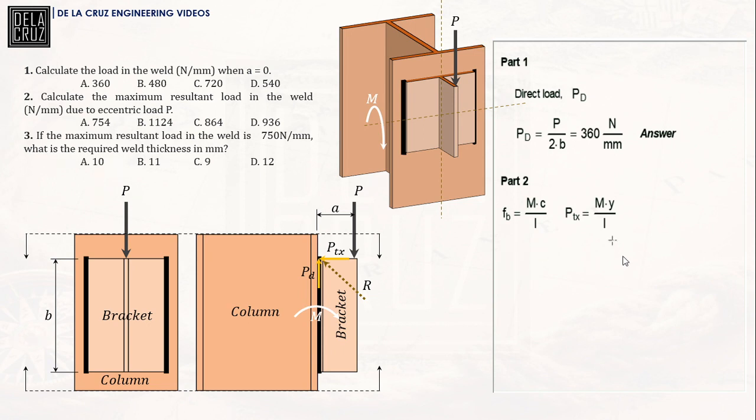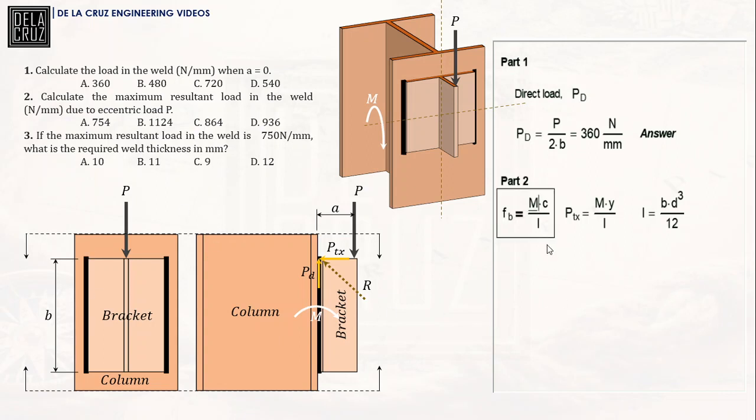So what is the formula of inertia? The general formula for a rectangle would be BD cube over 12. Now, in this case, our B here should be assumed to be per mm, so we just remove the B there. So our D there would be this B here.